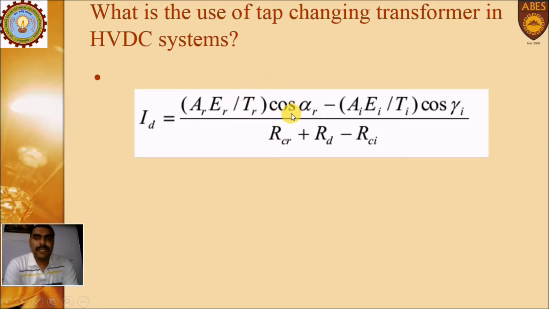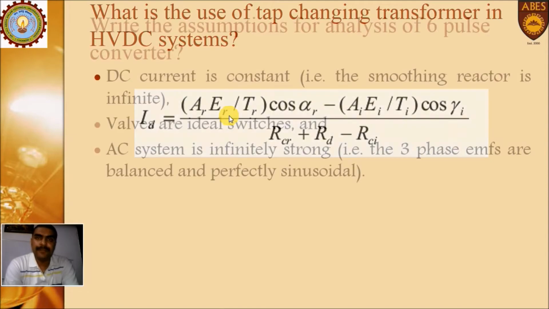Whenever there is any dip in the rectifier end voltage or inverter end voltage, and we are not able to control that change with alpha or gamma, in that case the tap changer transformer comes into the picture, and it is utilized for controlling the power flow in the DC link.